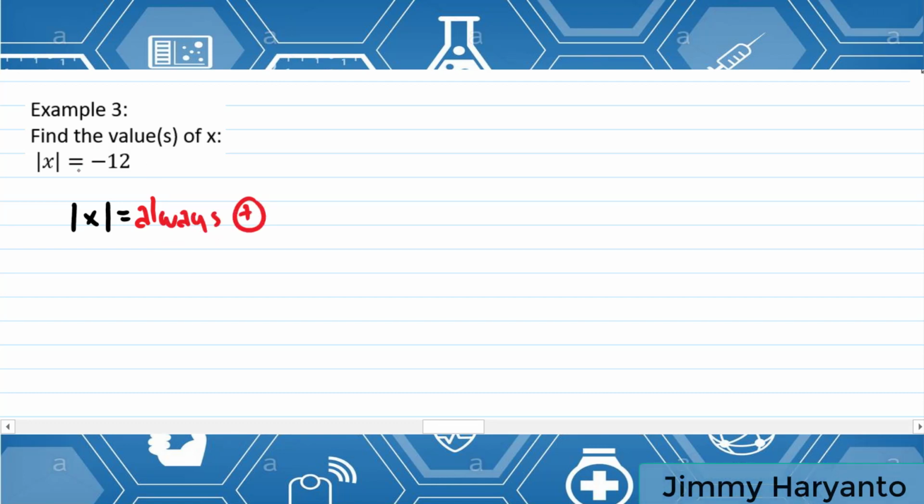The question wants us to find a number whose result is negative. No, absolute value cannot do that. So for this one, we don't have a solution. We write no solution. That is for simple equations of absolute value.